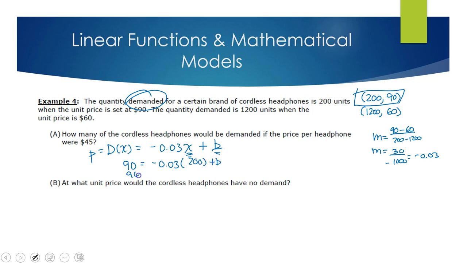So 90 equals negative 6 plus b, which means b equals 96. So that means my price based off of the demand curve is defined as negative 0.03x plus 96.